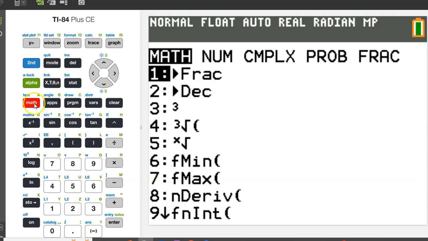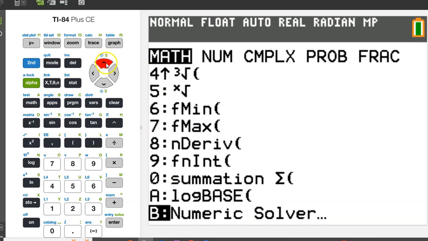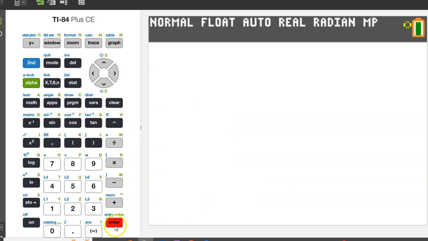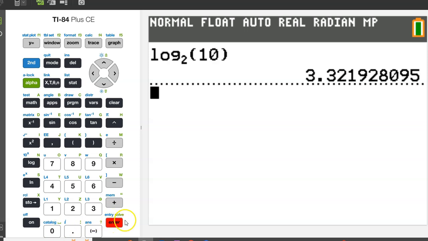Hit the math button. The logarithms are way at the bottom, so it's quicker to actually scroll up. Okay, go to this option and hit enter. So now we're ready to type. So the log base 2 of 10 would be typed in like this. 3.3219.